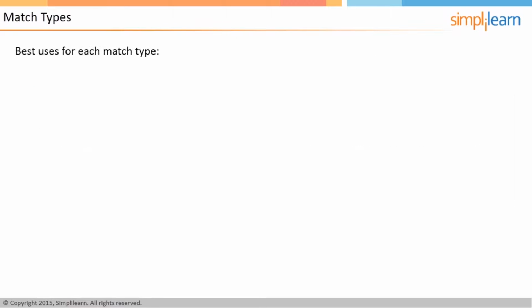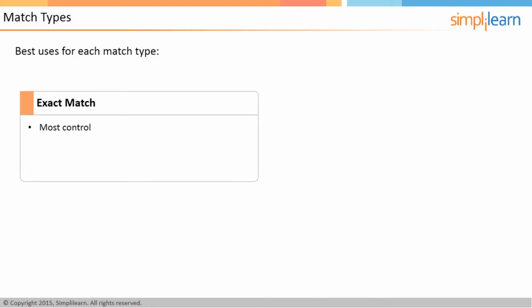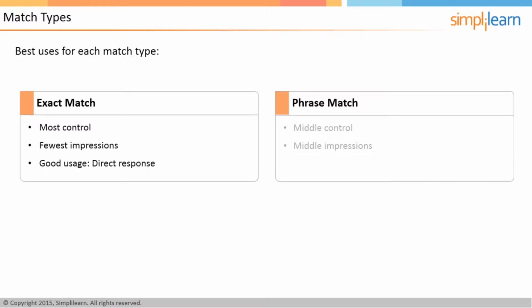So we'll get to the use cases for each keyword. Exact match is the most control. It has the fewest impressions. It's great for direct response because you know exactly what someone typed in. But it's not a lot of impressions. So phrase match is the middle ground. Your keyword's got to be in the query. It can show for misspellings, plurals, and so forth. There can be additional words added, but your keyword must be in the query in the same order with phrase match.